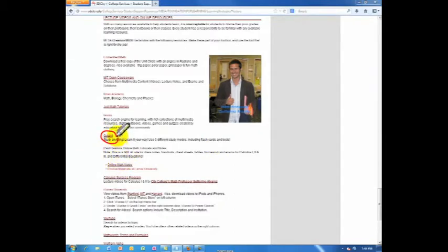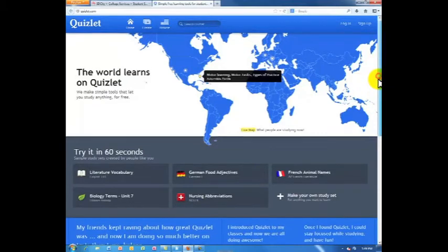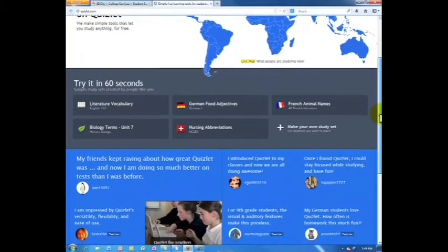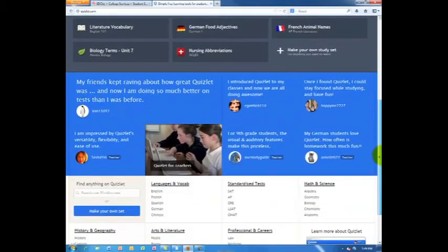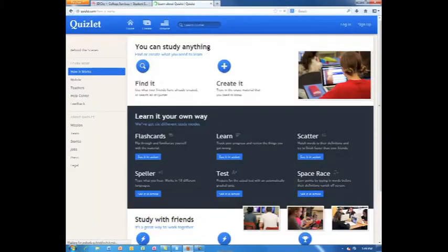Quizlet is another helpful source for learning. Here is how it works. You can study anything by searching the Quizlet library or creating your own materials.